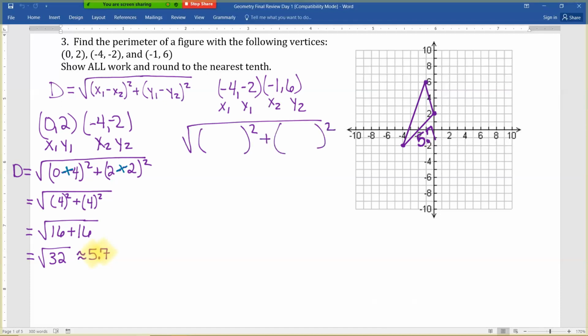In my formula, I need x1 minus x2. So x1 is -4 minus x2, which is -1. Again, as soon as I see that double negative, I'm changing it to a positive. For my second set of parentheses, I need y1 minus y2. That would be -2 minus y2, which is 6.